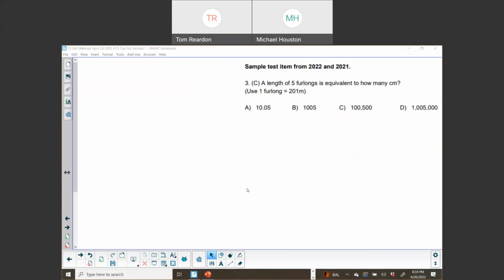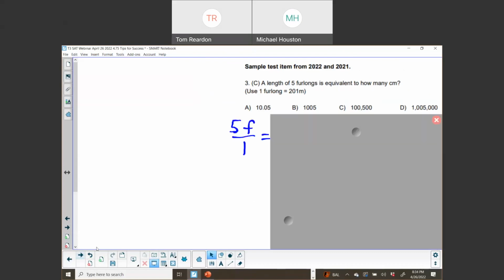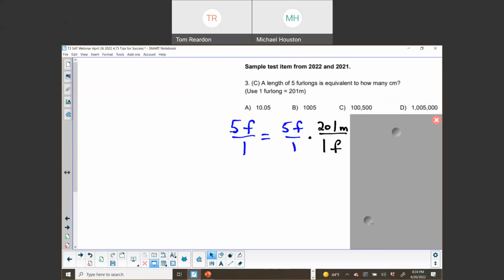All right, 5 seconds. All right, so for this one, I would start off as 5 furlongs divided by 1. That's my fraction template. And I'm going to multiply it by this number 1, 201 meters divided by a furlong, so that these furlongs will divide out and make a 1. And then I have to multiply by 100 centimeters divided by a meter, because a meter is 100 centimeters.